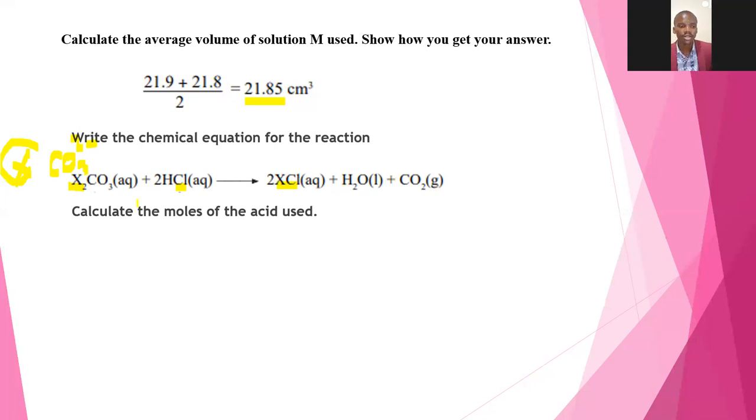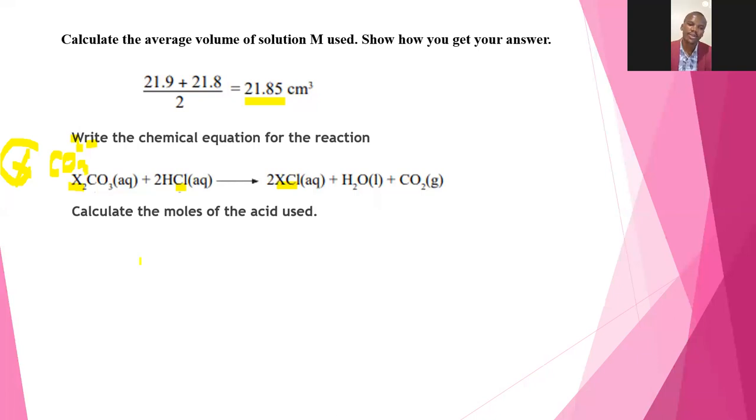And we have water. To balance, we had 2 X atoms, so here must be 2. Then because of the 2 there, chloride will be written 2 here to balance it. Hydrogen 2, and now the equation is balanced. Very good.